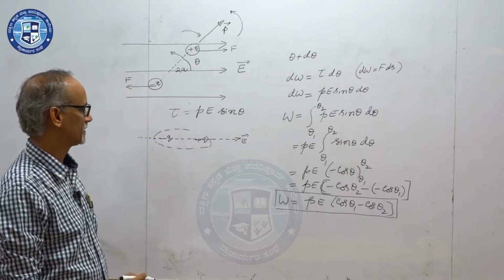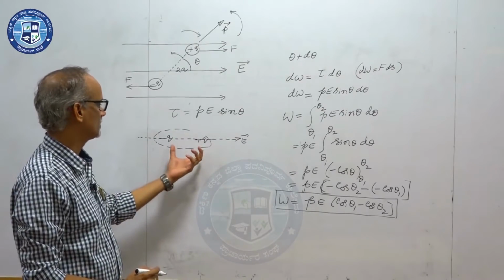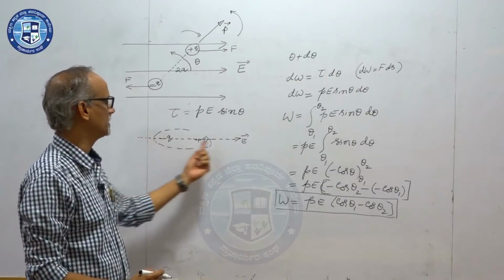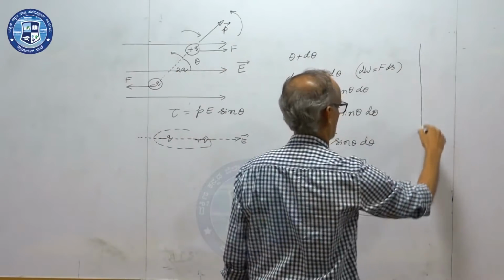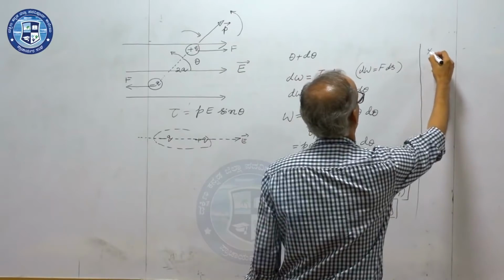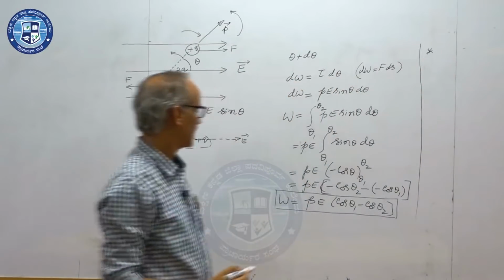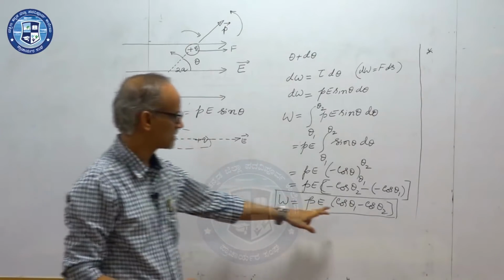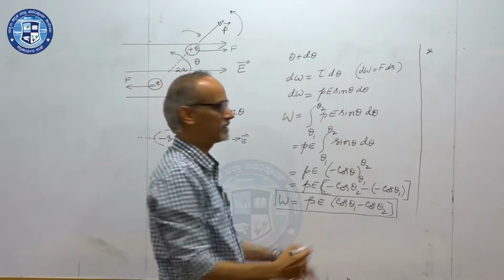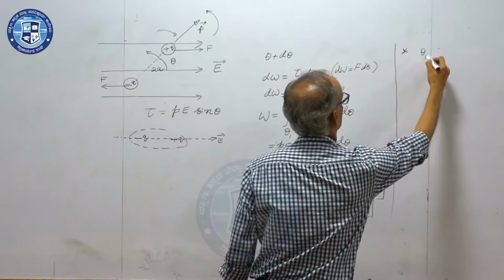Now, what if the dipole is initially in the stable equilibrium position? If the dipole is initially in the stable equilibrium position, in that case theta 1 will be 0.